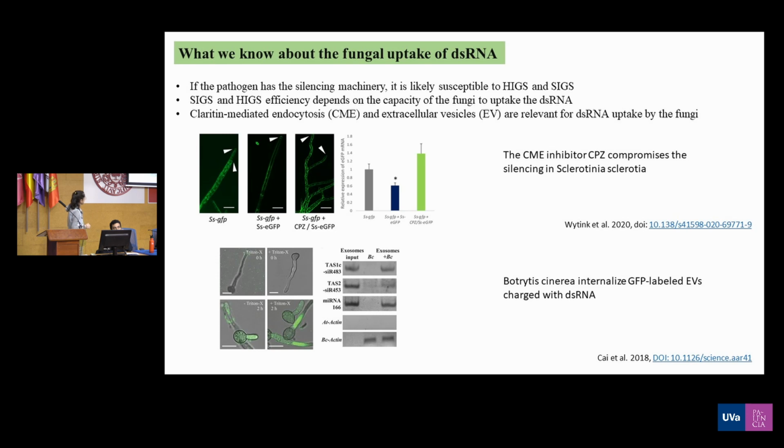For example, in this paper, when you use chemical inhibitors of endocytosis, you see a reduction of the silencing. And also here, you can see with the GFP-labeled vesicles that the double-stranded RNA is actually going inside the fungi.